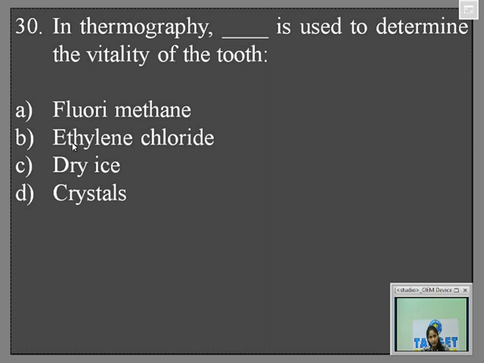So then what are the true vitality tests? First is your laser Doppler flowmetry, that is LDF. Second is your pulse oximetry. Then third is your thermography. And the last one is the wave spectrography.